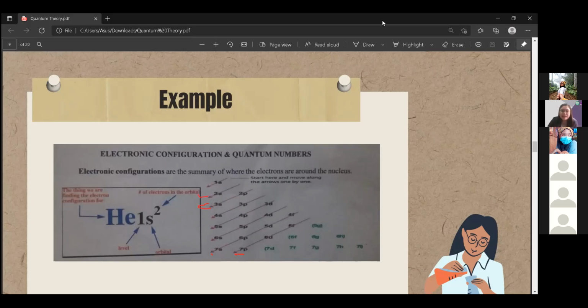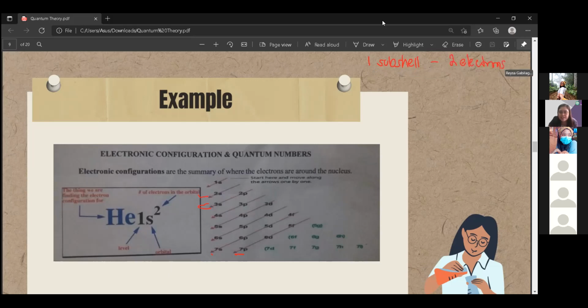Okay, now the next thing that you need to take note about the electron configuration is that one orbital can accommodate 2 electrons.